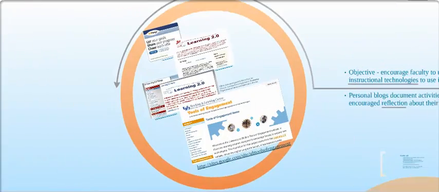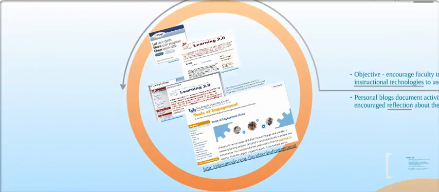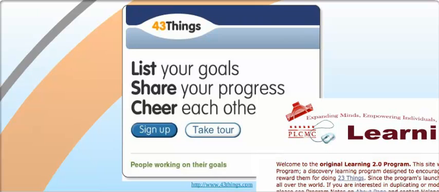Let me give you just a little bit of history about how this came to be. There is a pretty popular professional goal-setting activity on the web called 43 Things. If you just Google 43 Things, you will come up with massive amounts of different versions of this.